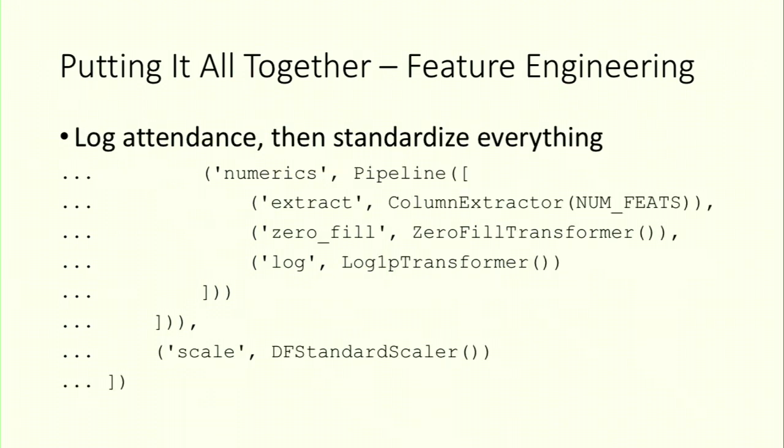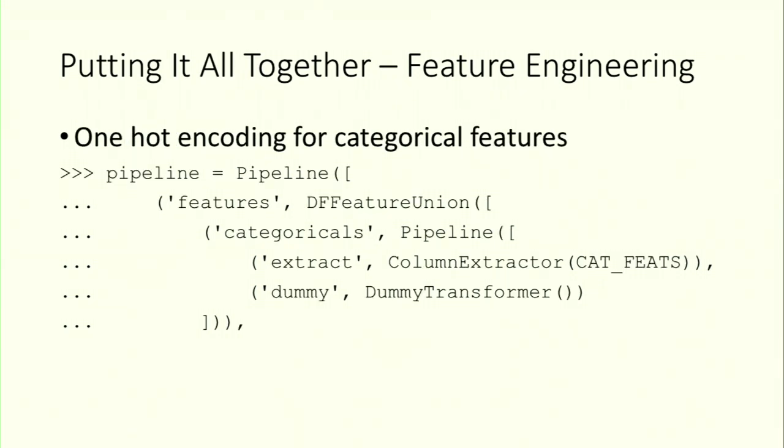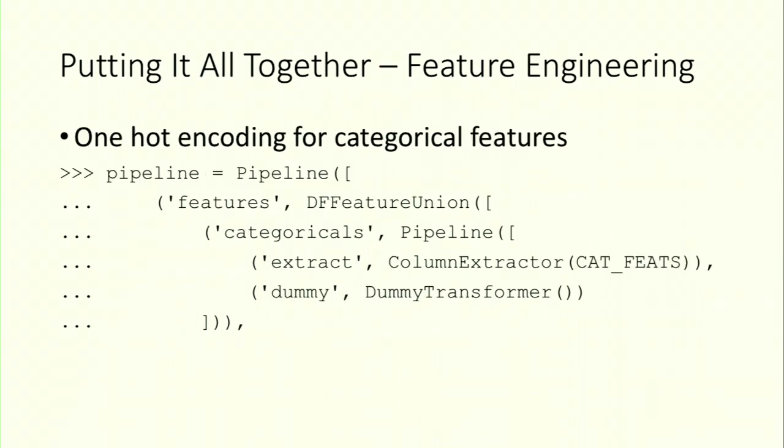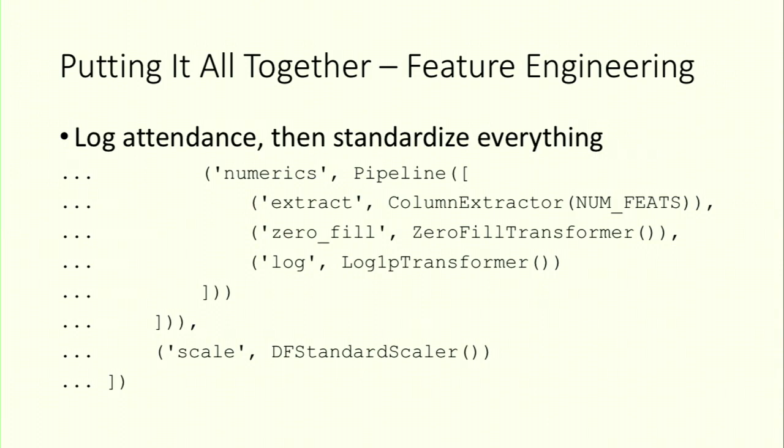And the second element is this standard scaler. Inside that feature union, we have the categorical pipeline and the numeric pipeline. In the categorical pipeline, first we extract the columns, and then we apply that dummy transformer. In the numeric pipeline, we extract the columns, we apply this zero fill transformer, which I also wrote, and then apply the log1p.